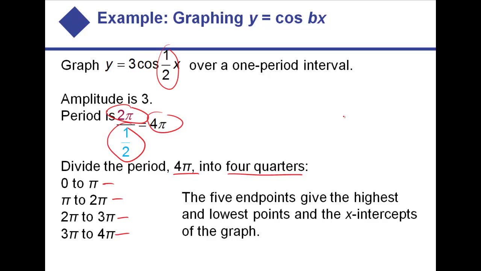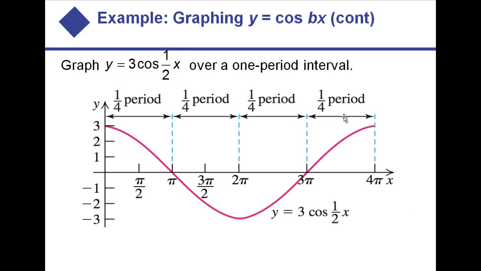So now on your graph, you know that every pi is where something's going to happen. There's your 4 periods, starting at 0, then pi, 2 pi, 3 pi, 4 pi. You know that it hits here, here. You know that it's going to be a minimum here, and a maximum here, and a maximum there, because we're now dealing with cosine.